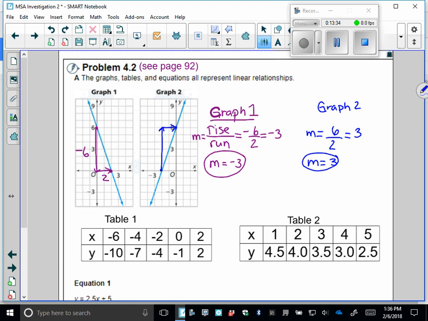Question, Jada? So, sorry, again, M is the rate of change, right? M is the rate of change. So rate of change means slope, which is M, which is change in Y over change in X. They all mean the same thing.